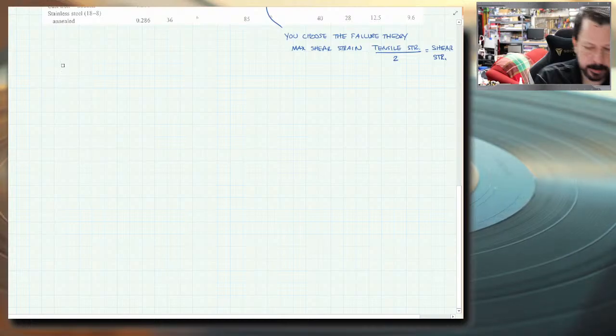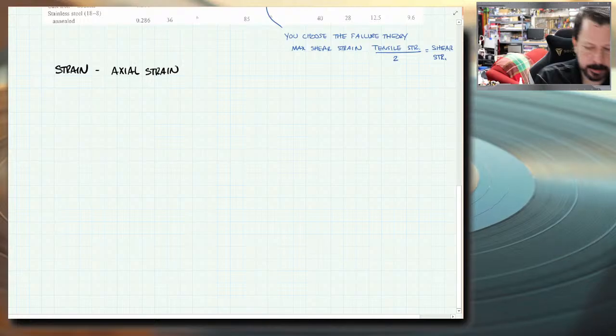Let's write in black. So we have an axial strain, and once we finish talking about axial strain, we'll have a shear strain also.